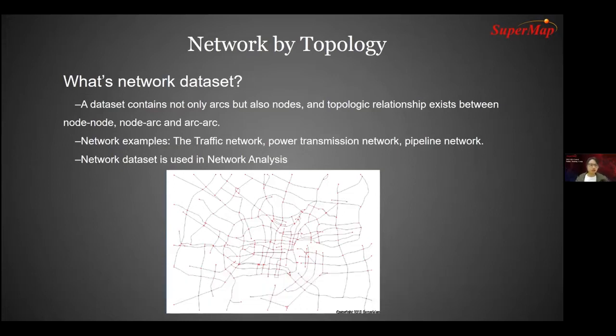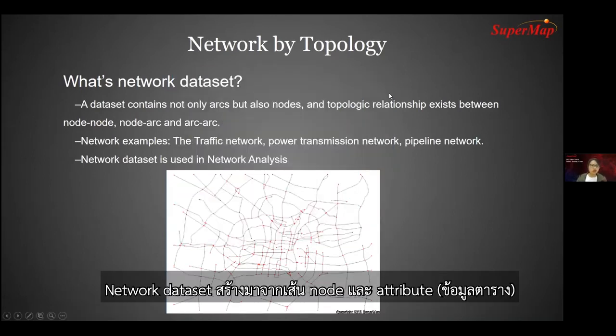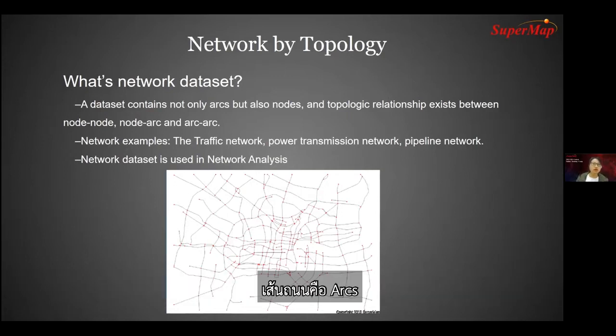So for the transportation network, the network dataset is a model which is composed of a group of interrelated arcs, nodes, and their attributes, such that the roads are the arcs, and the crosses or the stops are the nodes.